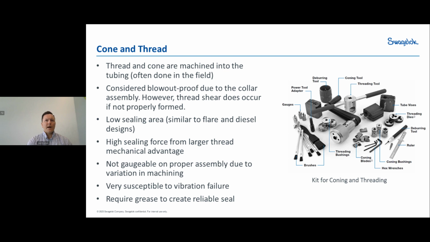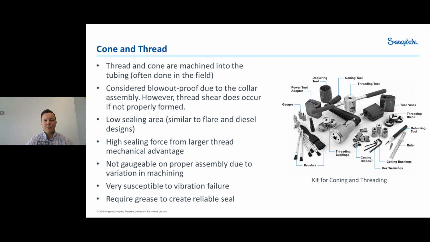Now, what I will say about both the diesel style and cone and thread fittings is that because these rely on manipulated ends of the actual tubing, there's almost always some special equipment that's needed. What you see here is a traditional kit for coning and threading in the field.